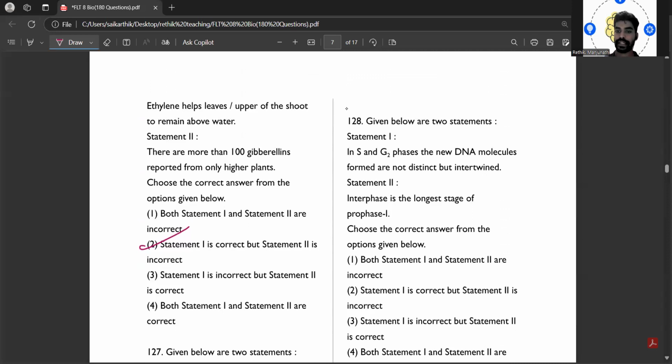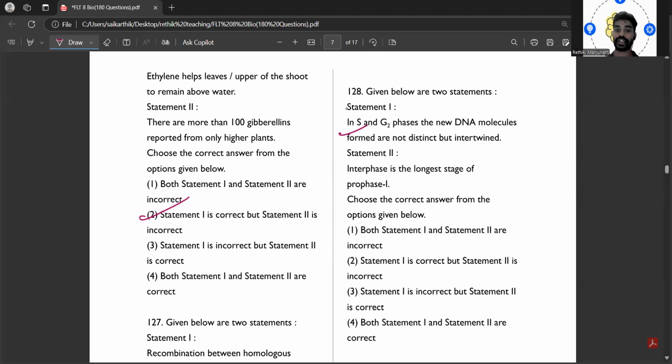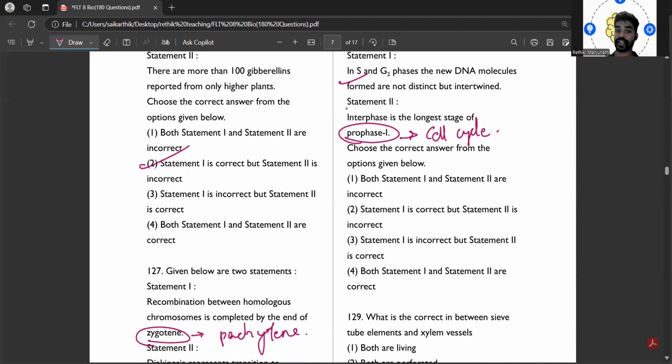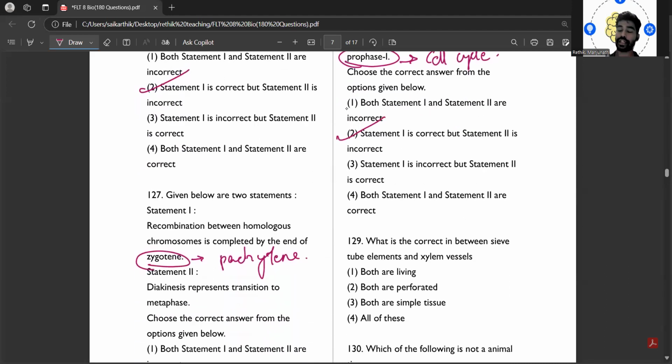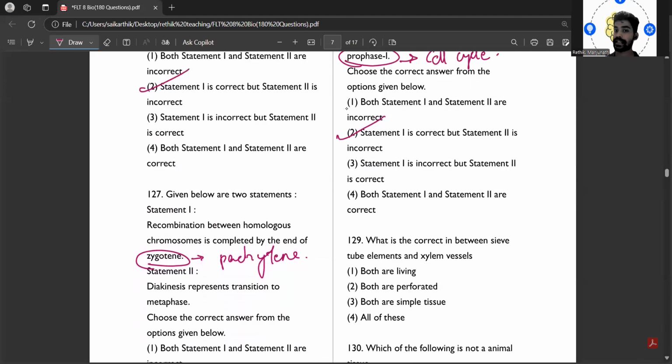Statement one says that in the S and G2 phase, the new DNA molecules formed are not distinct but interdependent. Statement one is correct. Statement two says that interphase is the longest phase of prophase 1. Here it is not prophase 1, rather it is the longest phase of the entire cell cycle. So statement one is correct, but statement two is incorrect. That is the option.